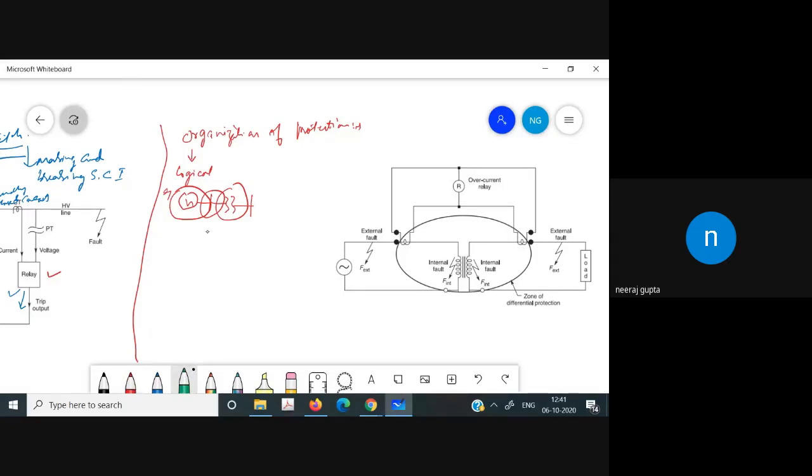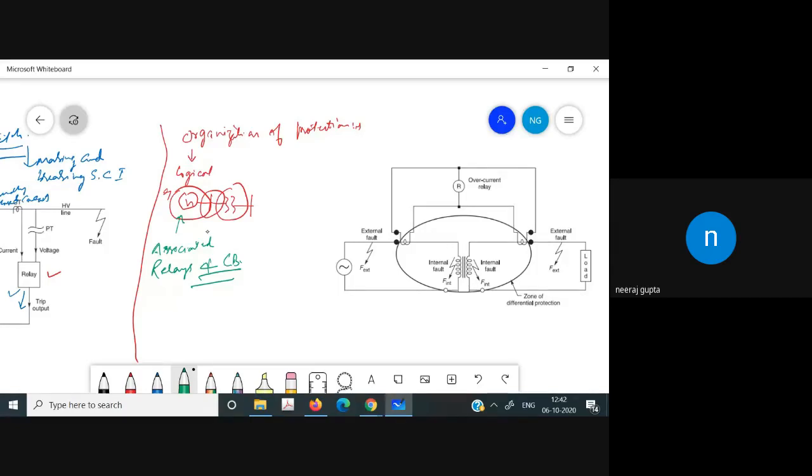Let us suppose that there is a fault within that particular ring, then only the associated relays and circuit breakers will trip.